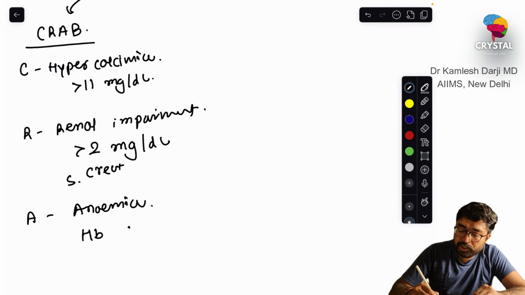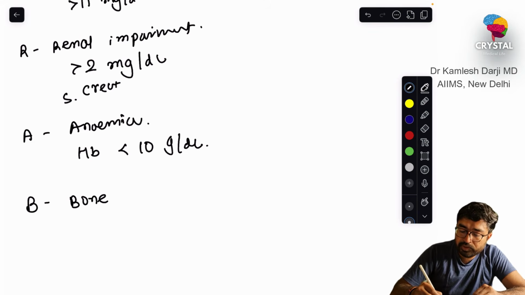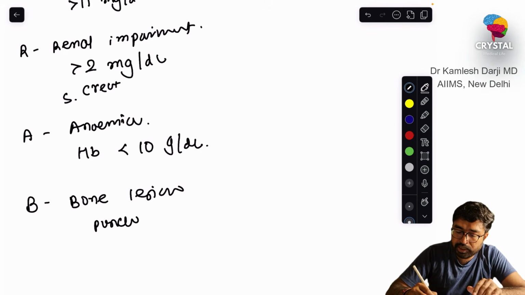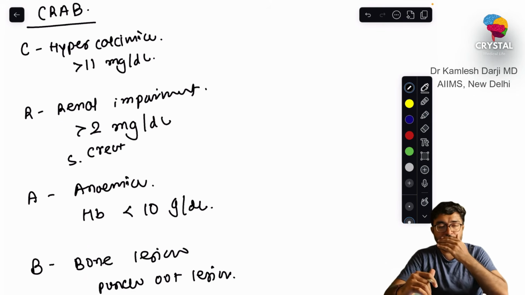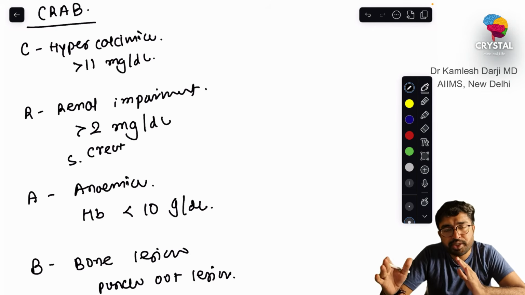So your HB should be less than 10 gram per deciliter. And B for bone lesion. So on MRI you will see the punch out lesion irrelevant of the size, punch out lesions. So this is a CRAB criteria. If any of these four features is present, then it is the myeloma defining event.